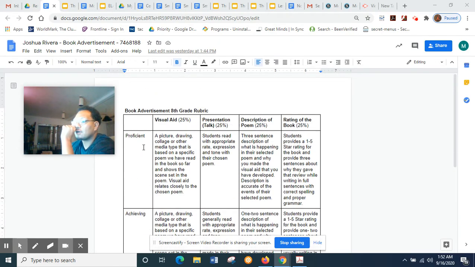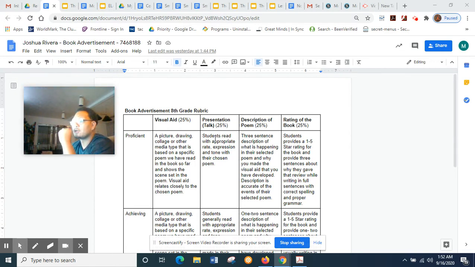A proficient assignment: you have met all the criteria. For visual aid, it says picture, drawing, collage, media type, whatever, and it's going to be based on the poem that we have read so far in the book. You want to show the scene in the poem, and have that picture, collage, or drawing closely match that poem.